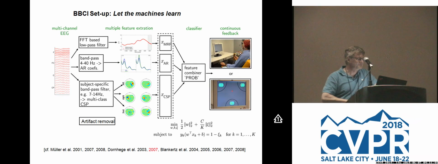So, neuroscience. There's something called brain-computer interfacing. In brain-computer interfacing, we're measuring data from the brain, and we're trying to decode brain states in real time in order to control things, like computer games, wheelchairs, whatever. And there's a lengthy procedure for how to get features from that, how to get rid of artifacts, how to use models.